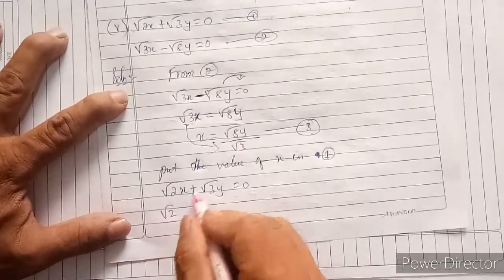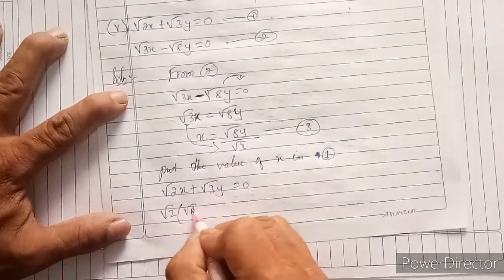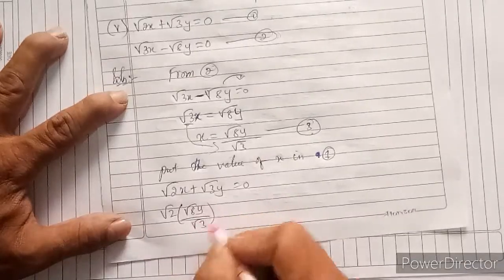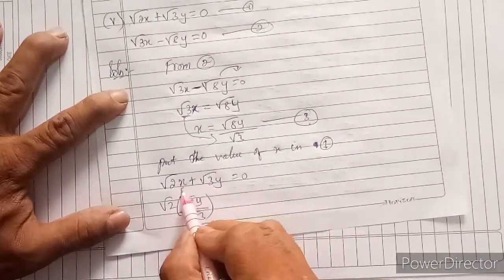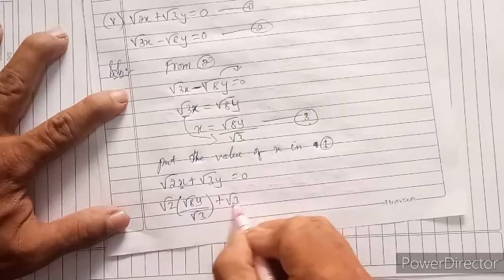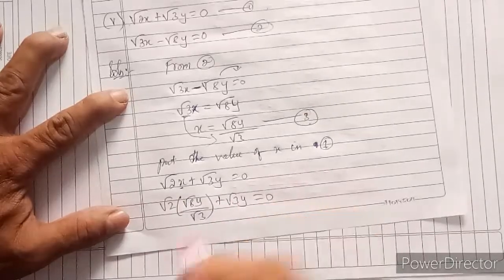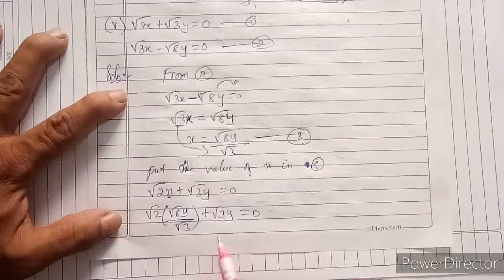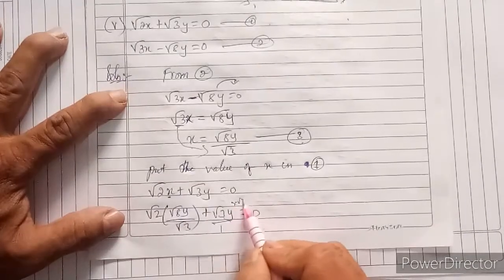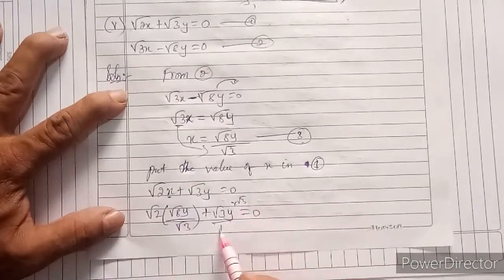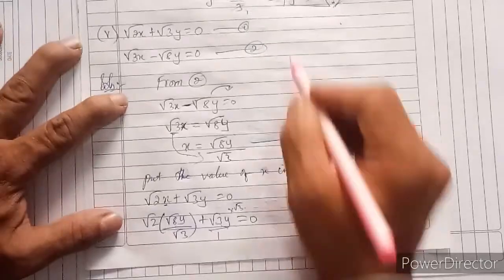Root 2 x is root 2 times root 8 y by root 3, plus root 3 y is equal to 0. This x value I have put from here. After that, for the LCM part, root 3 will go to this side and 1 will be given to this side. I will write here only.